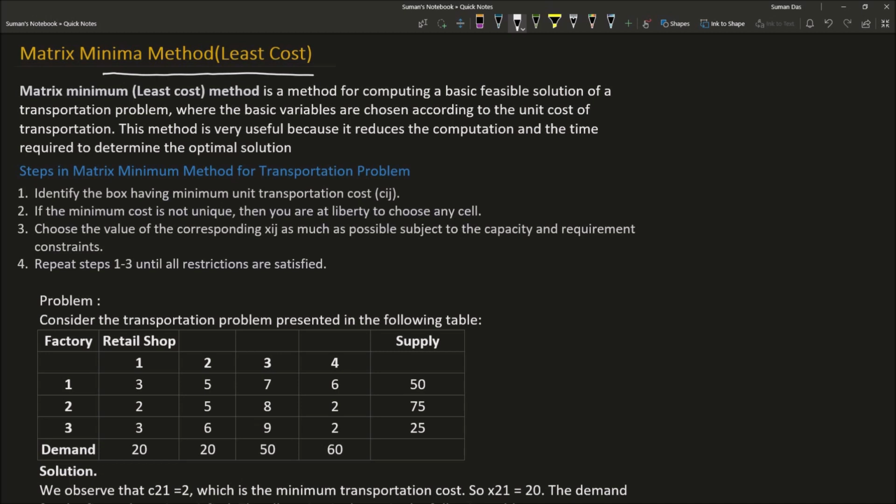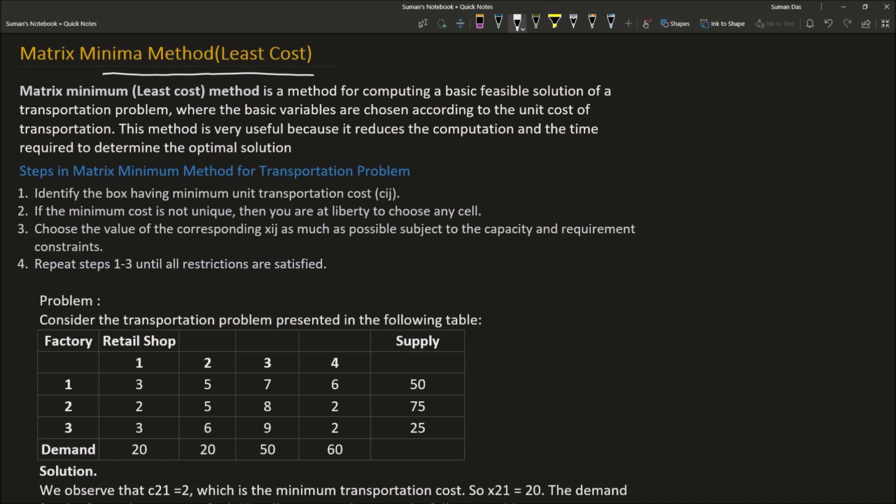Now what are the steps? At first, identify the box, that means the cell having the minimum unit transportation cost. If the minimum cost is not unique, then you are at liberty to choose any cell. That means if different cells have the same minimum value, we can choose any one of them.